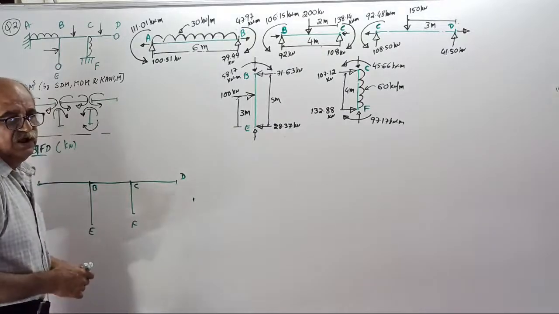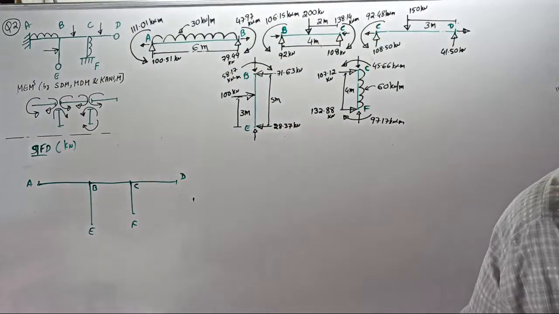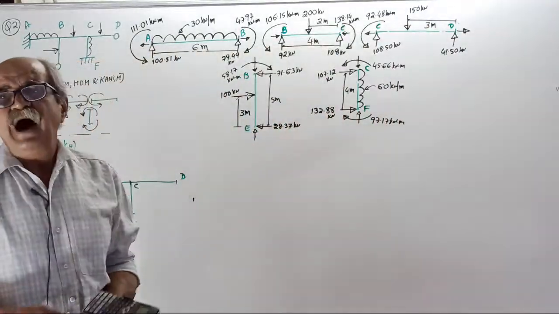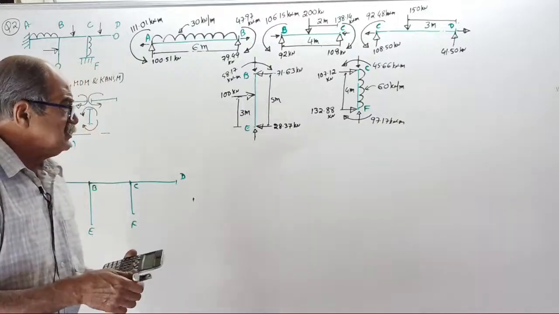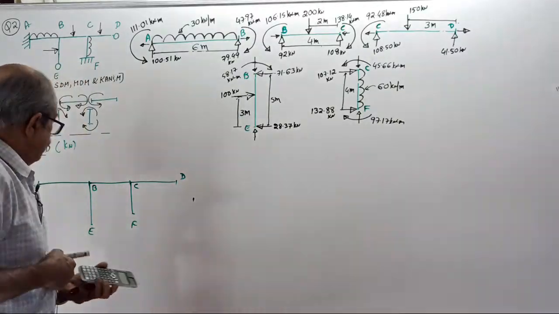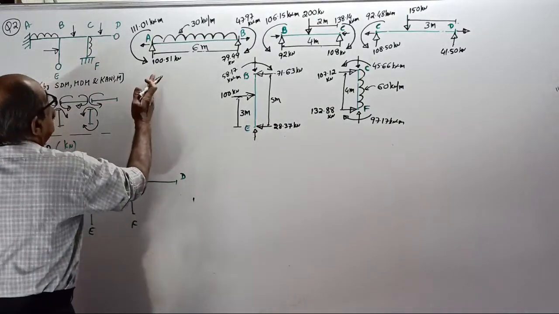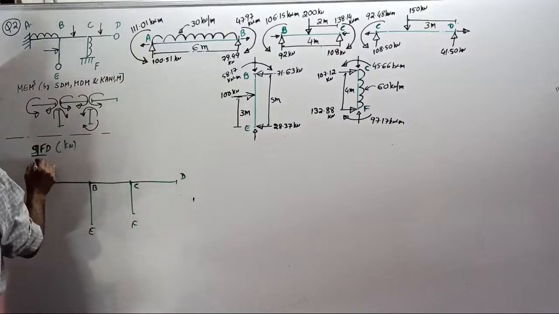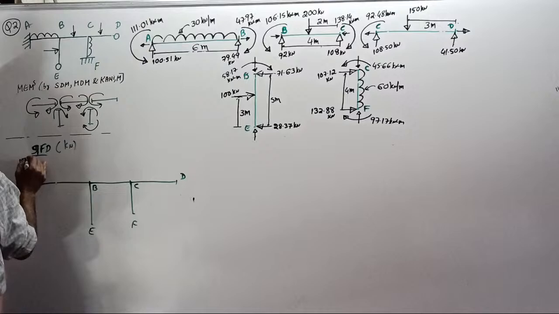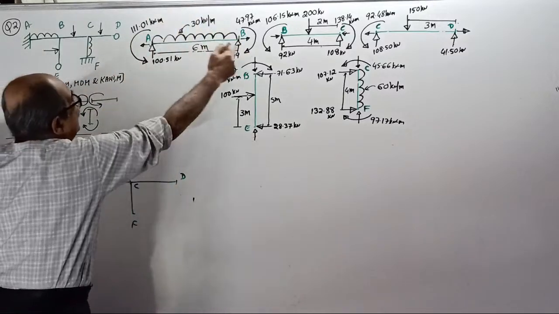Okay. First, draw happily the shearing force diagram for the beam portion. Beam portion I need not explain. Why? You already solved plenty of questions. So start. SFD for the beams. When you want SFD for the beams, start from here. See, start. Go up by 100.51. From here to here, come down by 30 into 6.